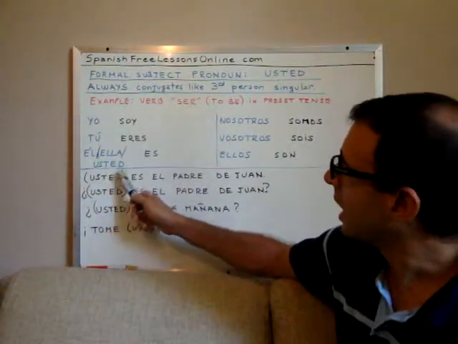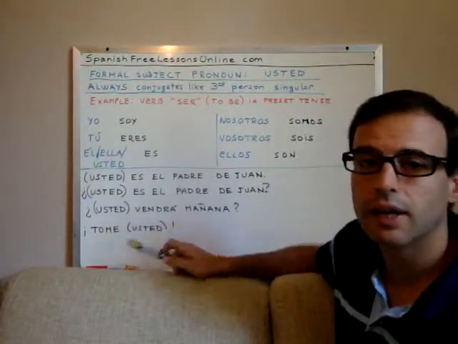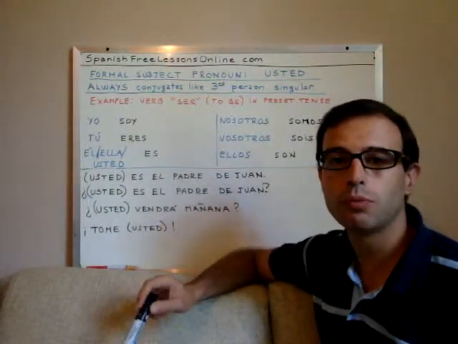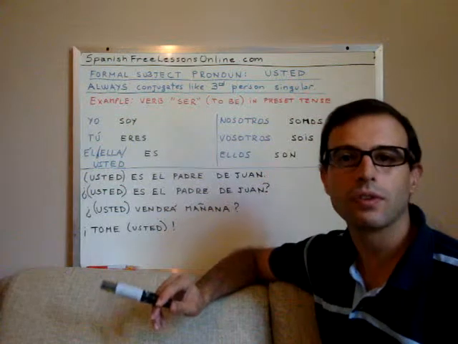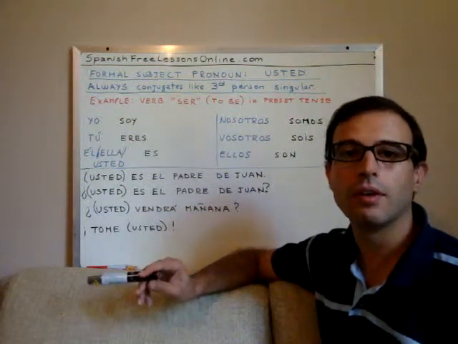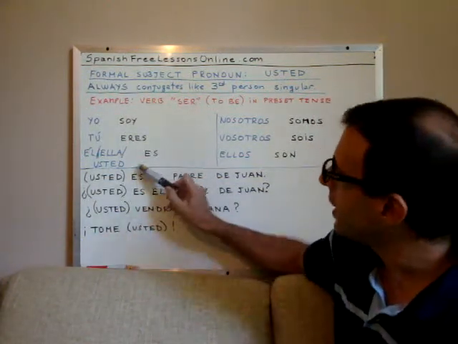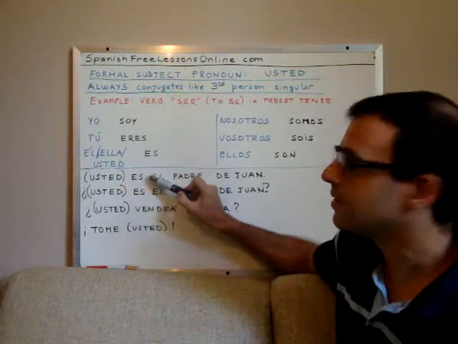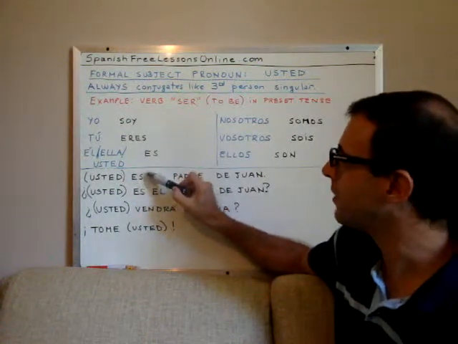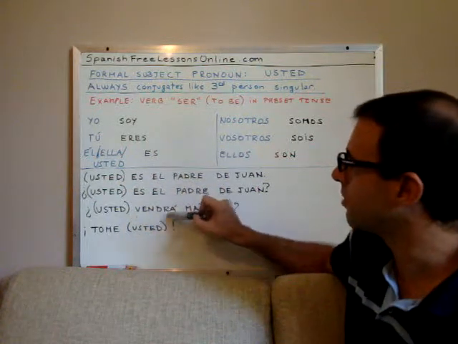And I'm writing the subject pronoun between brackets because, as we always repeat, in Spanish the subject is implied in the conjugated verb, okay? So es already implies that it is the third person, right? Vendrá, same thing here.